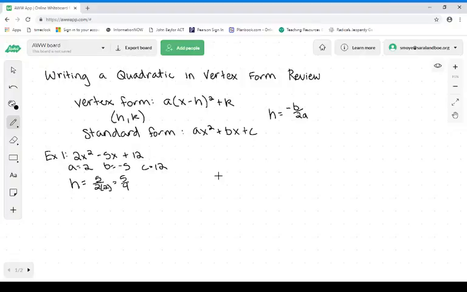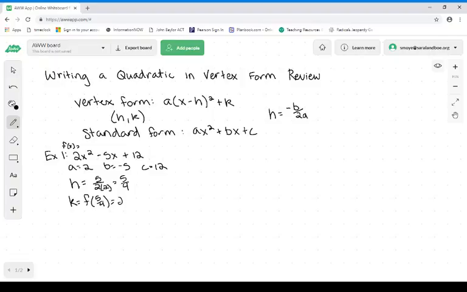Now we take this 5/4, it's the x value, and so that means I need to plug it in to find our y value, and that's our k. So if we think about this in function notation, if we think of f(x) being equal to this equation, we want to find f(5/4).